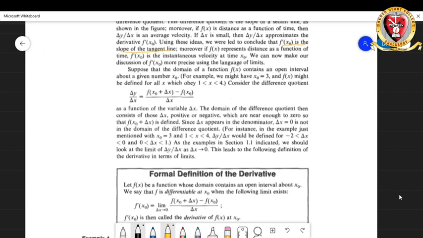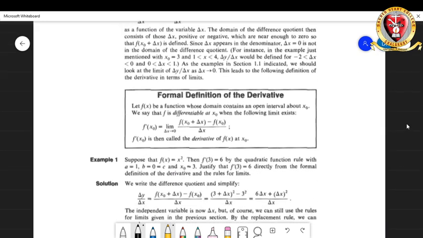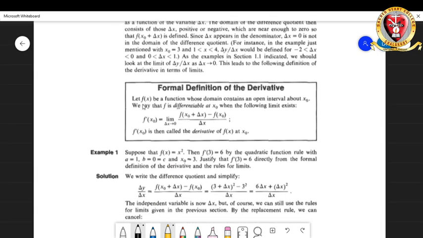So we are formally defining the derivative. Suppose we have a function f of x and its domain is an open interval which contains x naught. We say that f is differentiable at x naught if the limit as delta x tends to 0 of f of x naught plus delta x minus f of x naught, divided by delta x, exists, and that is denoted by f dash of x naught, and it is called the derivative of f of x at x naught.